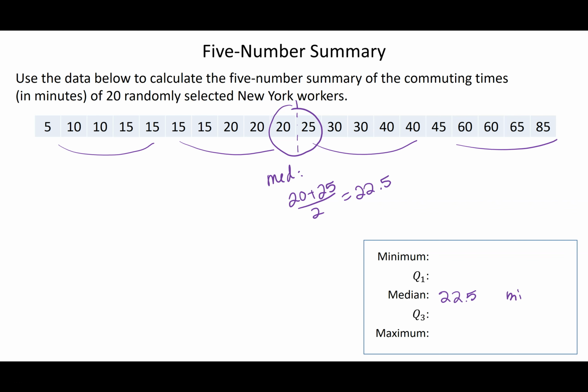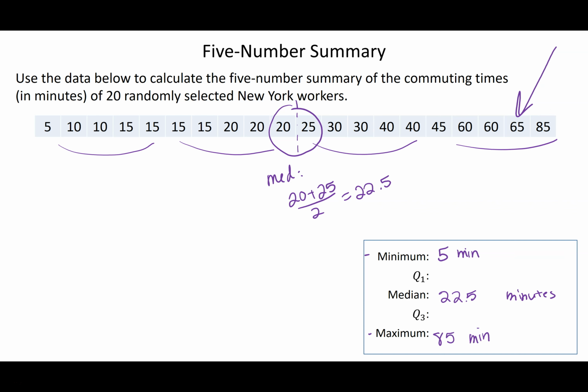Things to note, all of these are still going to be in minutes. The min and the max are pretty easy when, in this case, they're already in order. So my min was 5 minutes. My max was 85 minutes.